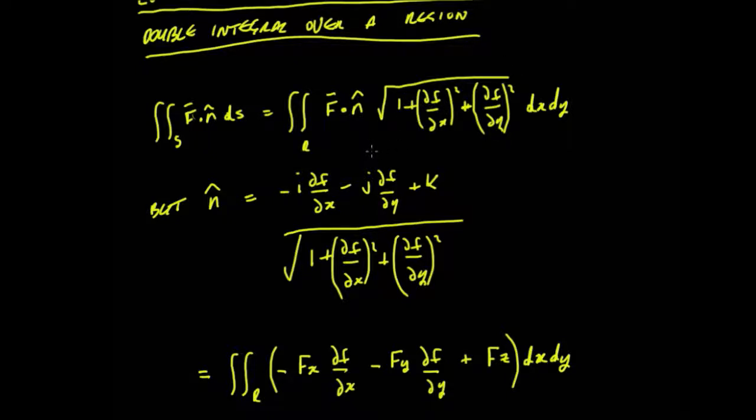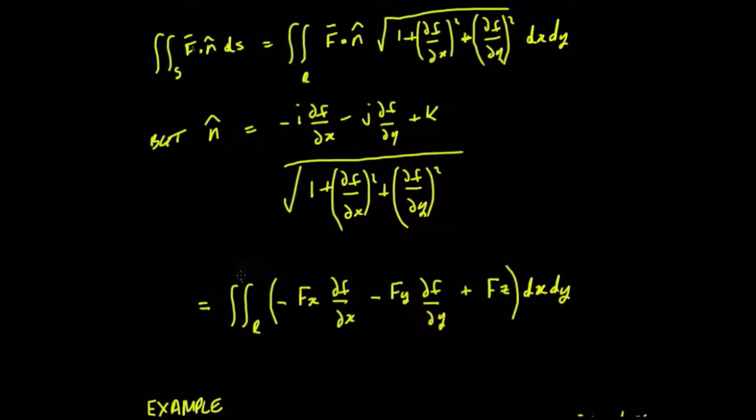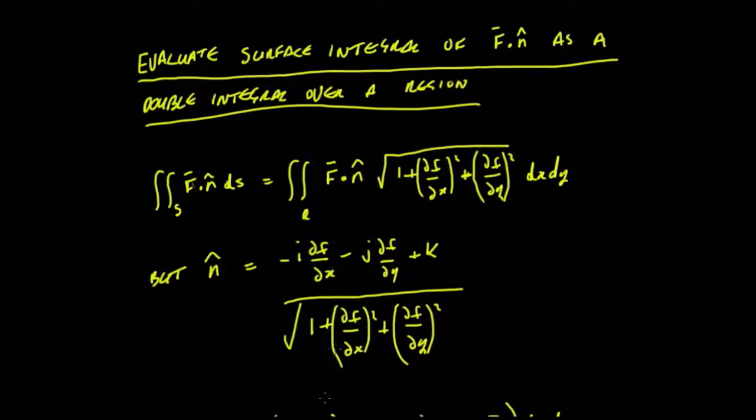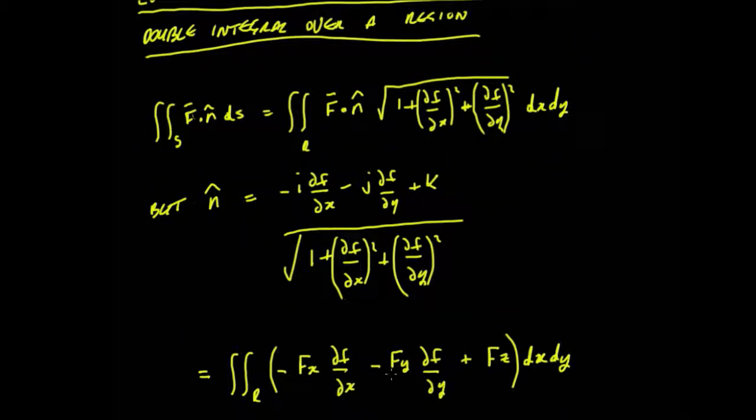What we're left with is the double integral over some region of minus the component of the function f in the x direction times partial f by partial x, minus the component of the function f in the y direction times partial f by partial y, plus the component of our function f in the z direction, times dx dy.